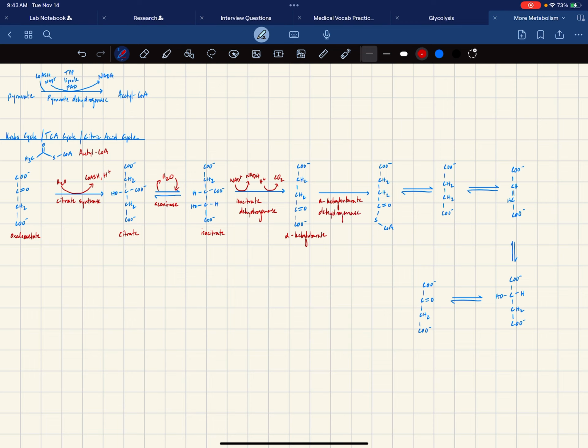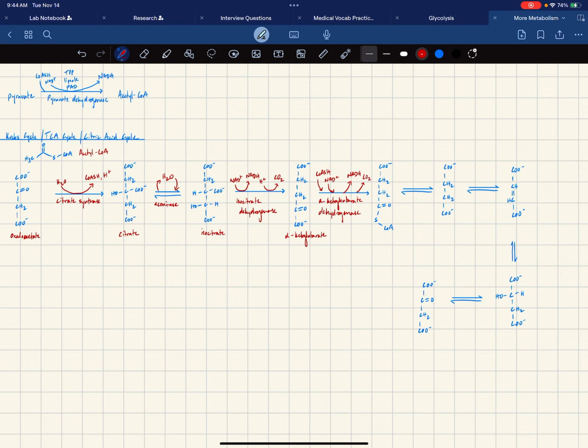What that's going to do is take in another CoA and an NAD plus, and that NAD plus gets reduced to NADH, but we're going to get rid of a CO2.